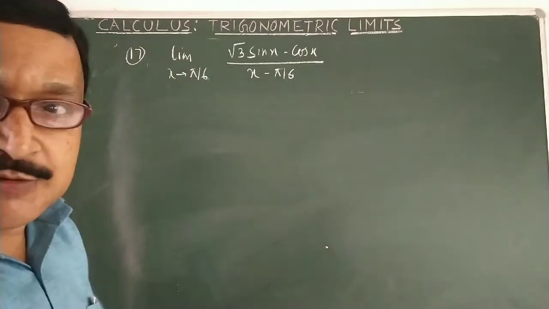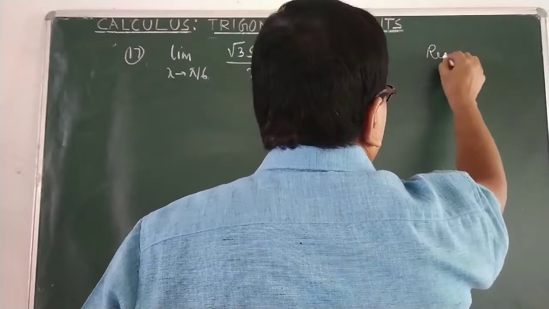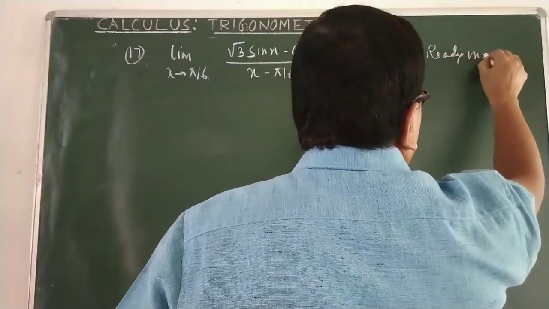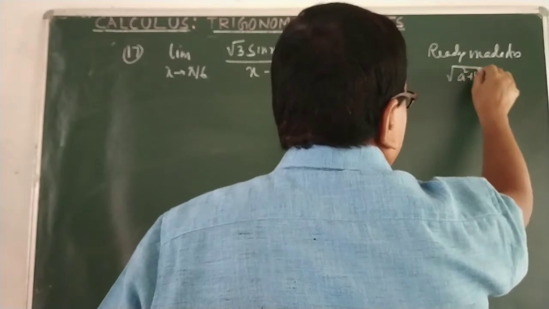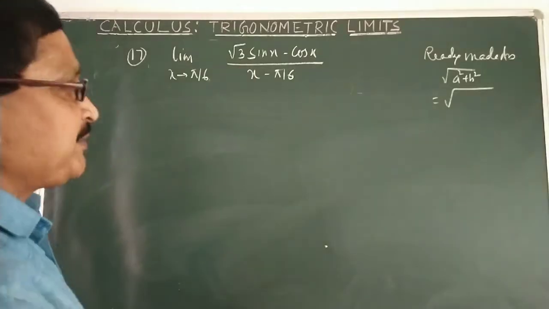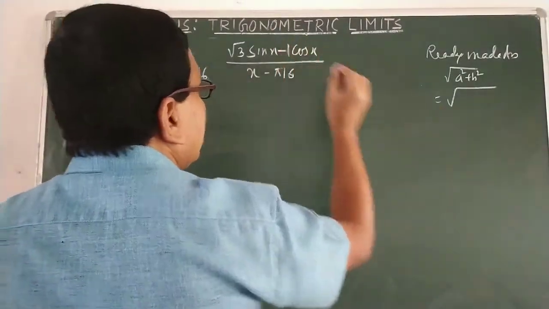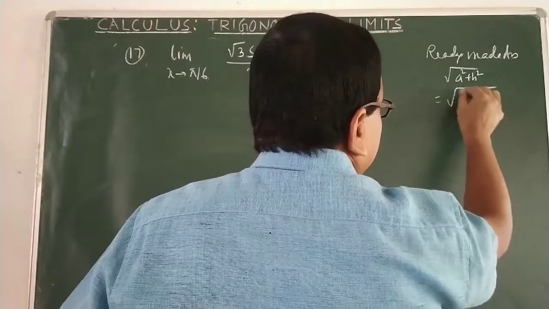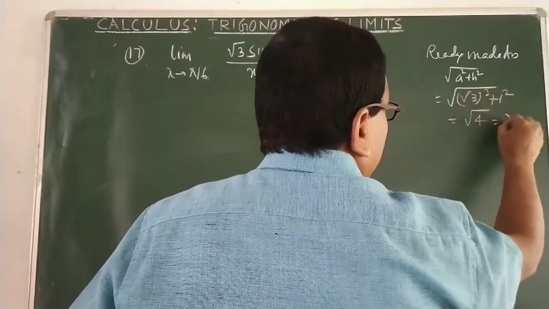Now as earlier I suggested to you, the ready-made answer of the problem is root a square plus b square. So just select a and b: a is root 3 and b is 1. So our ready-made answer is root of root 3 square plus 1 square, so this is root 4, which is 2.